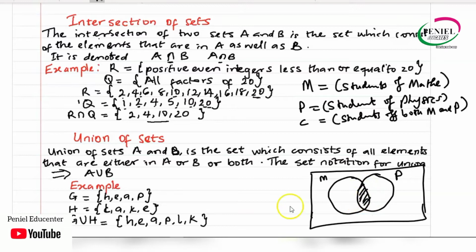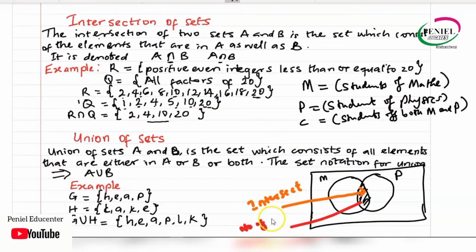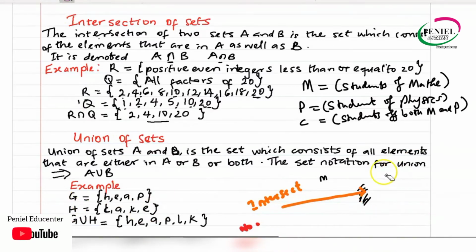This particular point is the intersect, which shows the number of students offering both mathematics and physics.